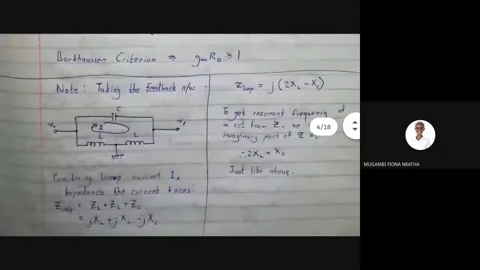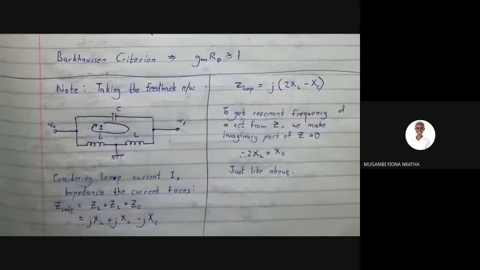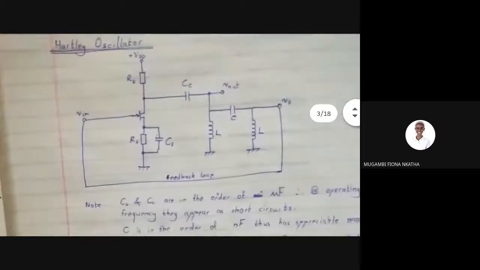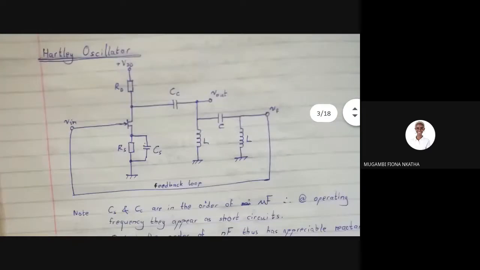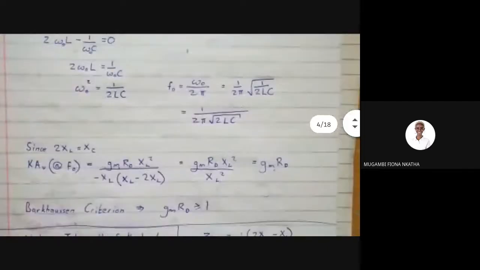And then there's a note I've written here about the feedback network. You can see how it has the L, C, and L, and the two L's are grounded on one side. So if you take just that part of the circuit with the V out and V feedback, you can redraw it like this.